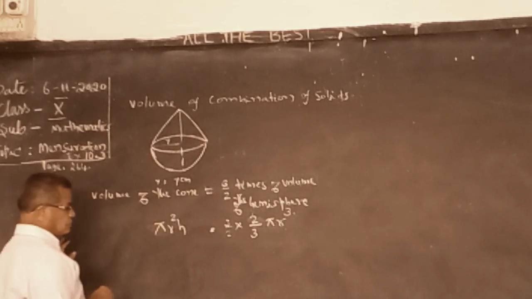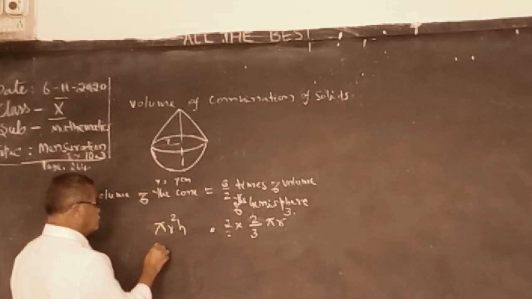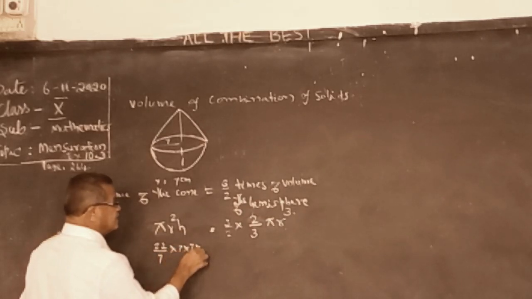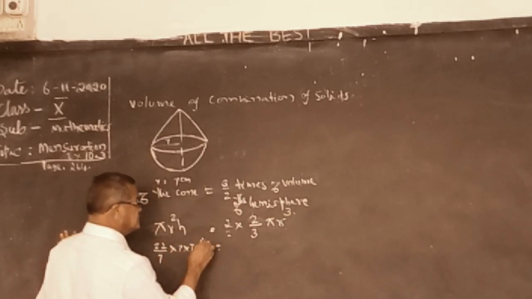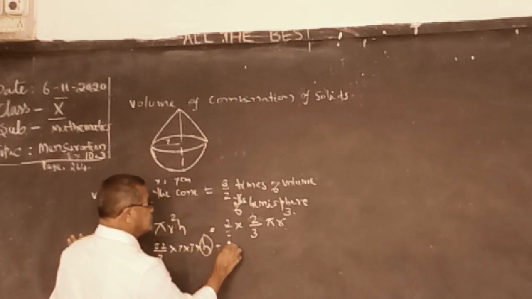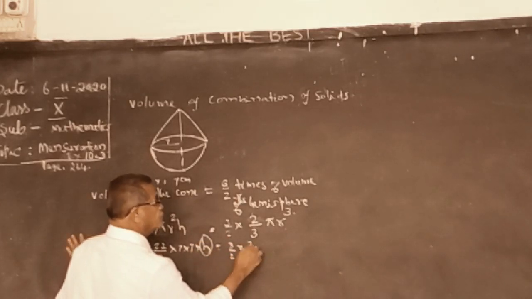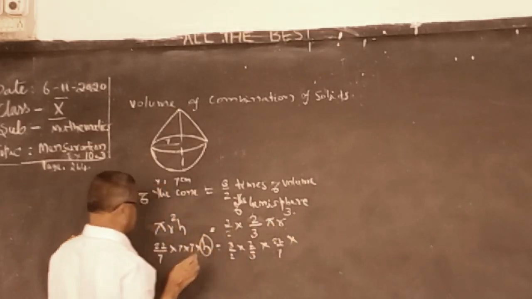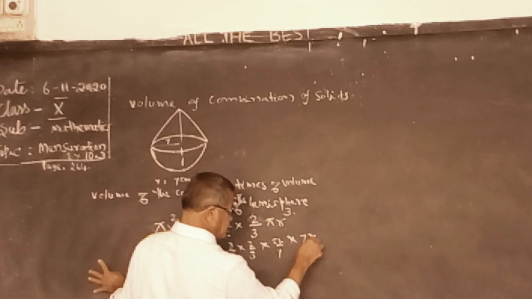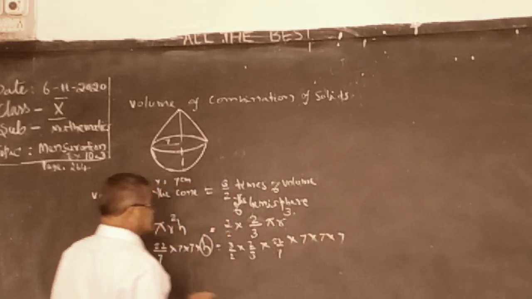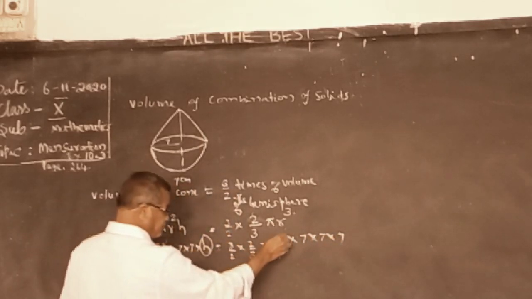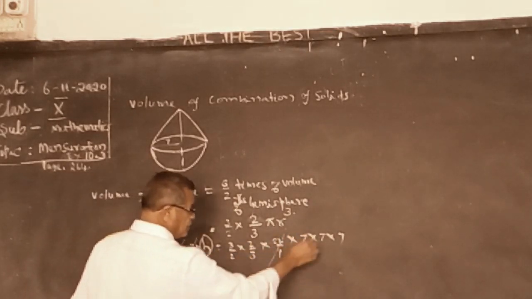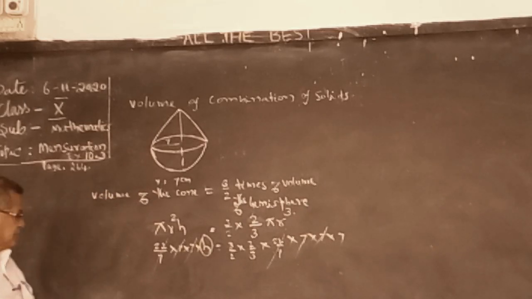Now substitute the values. 22 by 7, radius is 7 into 7, and h we have to calculate. 3 by 2 times the volume of the hemisphere, 22 by 7 r cube. On both sides pi cancels. Two 7s are there, we can cancel by dividing both sides by 7.